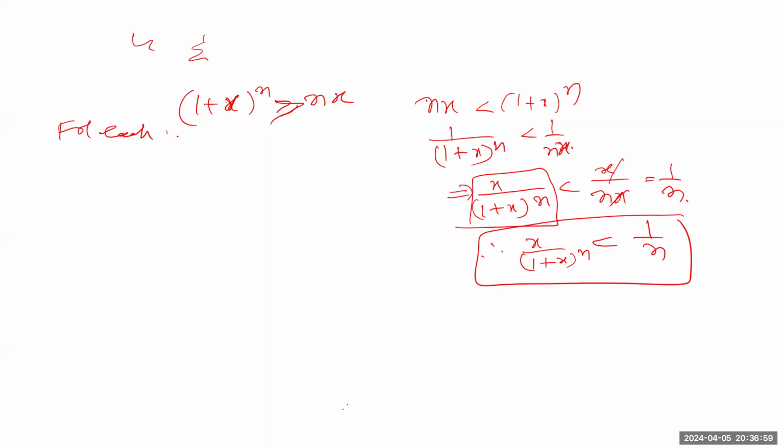For each n belongs to N, Mn is equal to the supremum of modulus of Sn of x minus S of x, where x belongs to 0 comma infinity, right?